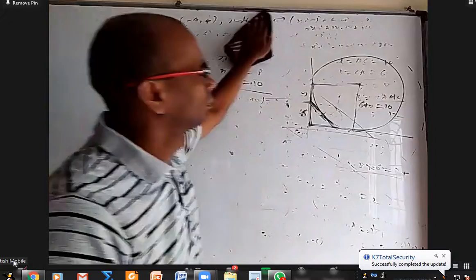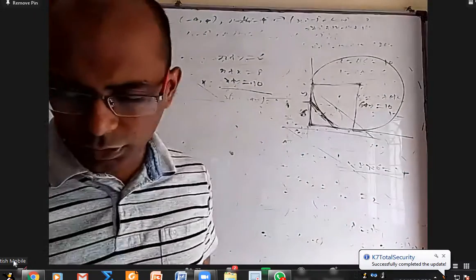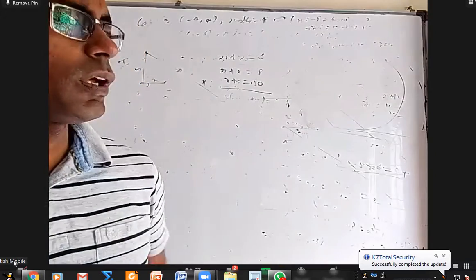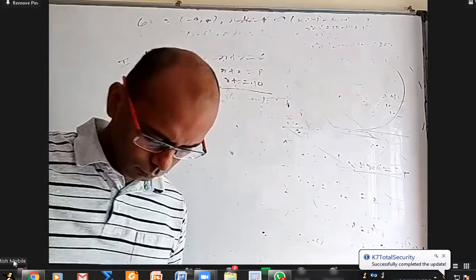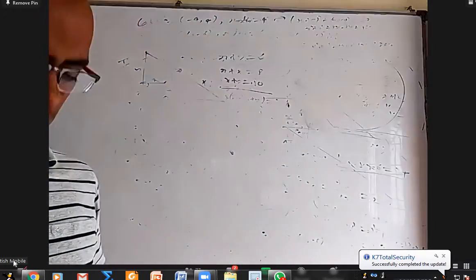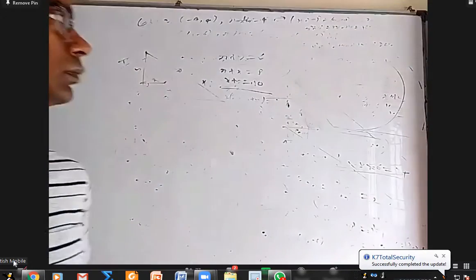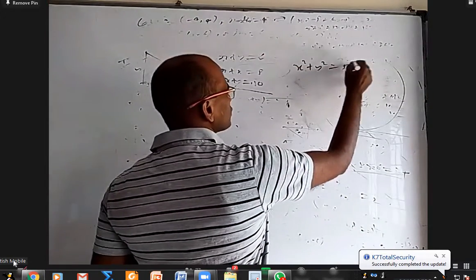Find the equation of the tangent to the circle x square plus y square equal to 50, and having slope 12 by 5. I will not write on the board, I will only dictate because I need to erase this. x square plus y square equal to 50 is a circle.